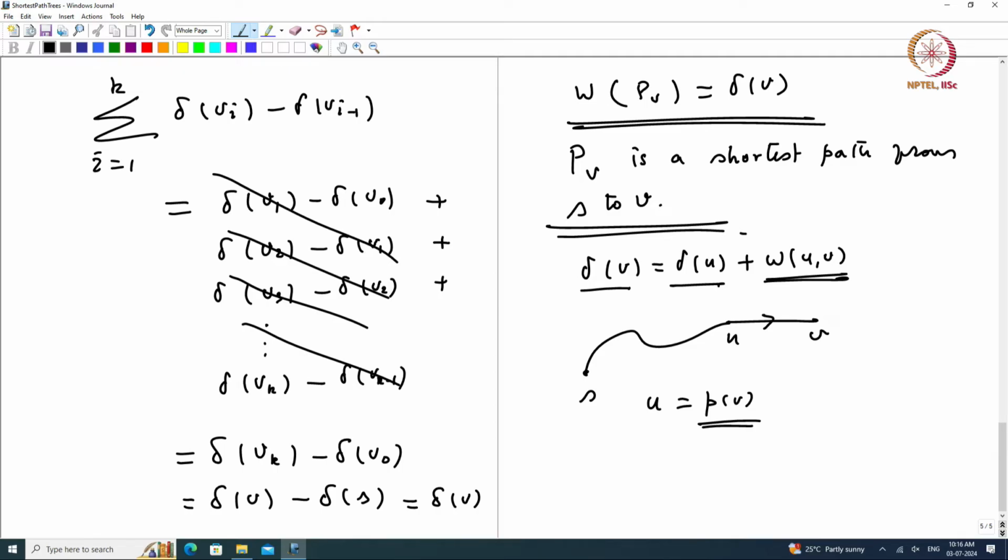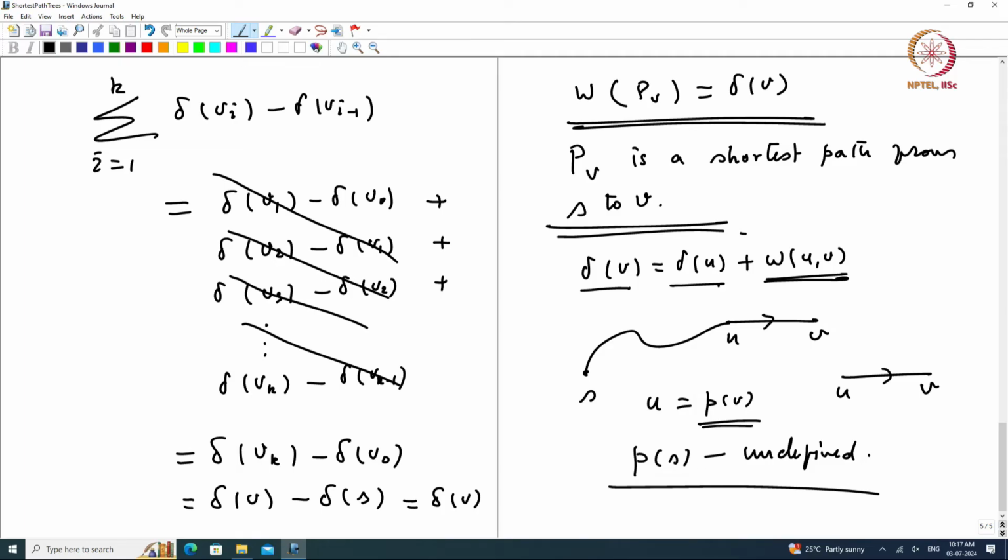For each vertex there is only one previous vertex. Therefore, I can use an array indexed by vertices. P of S is undefined. There is no Bellman edge for S. There is only one Bellman edge for each vertex, and that edge is ending at V. So, if UV is a Bellman edge, then previous of V is defined as U. Now, for U there is a previous of U. That is how that chain was constructed.